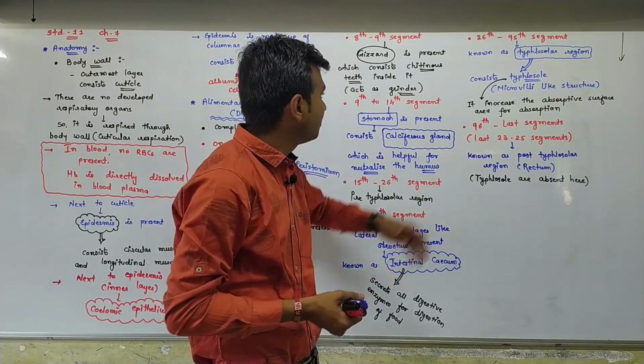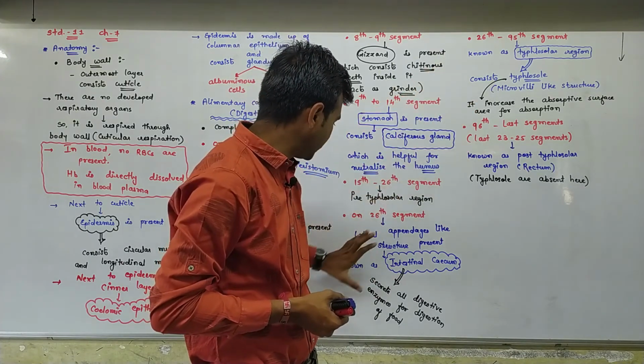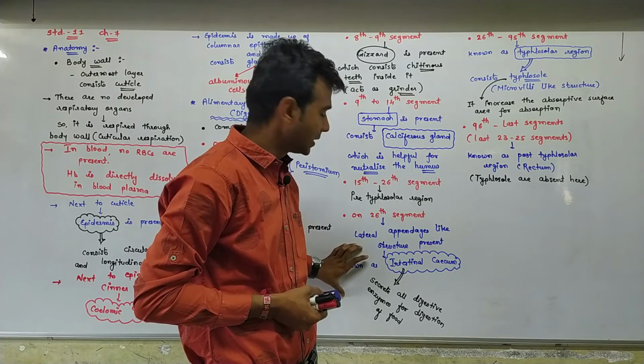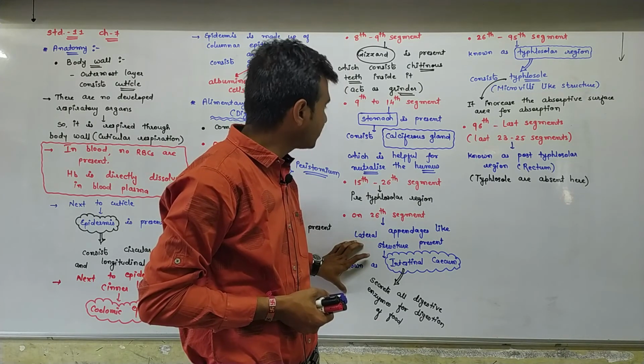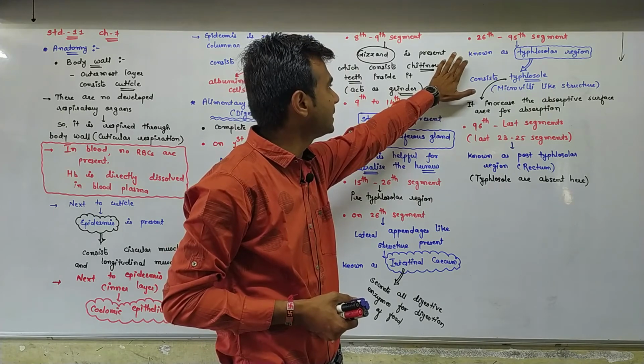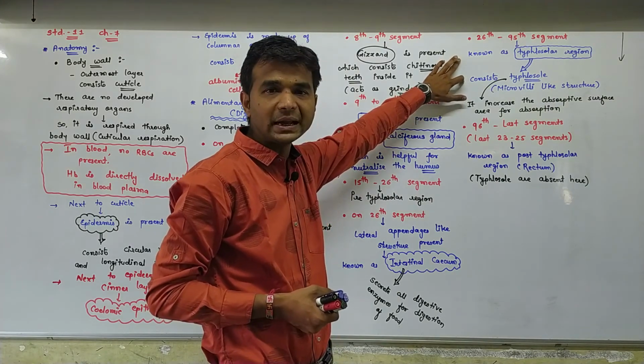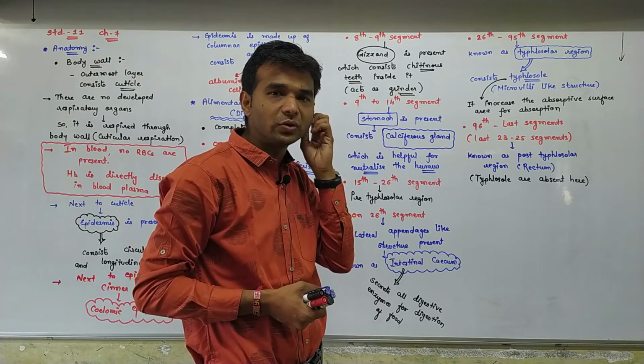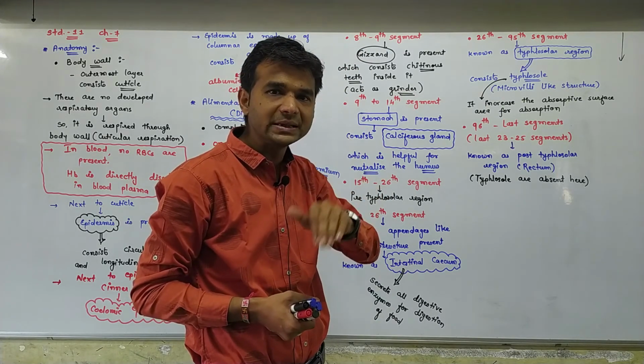Here the majority of the food is digested up to the 26th segment. From the 26th to 95th segment, typhlosoles are present, and with the help of these typhlosoles, digested food is absorbed.